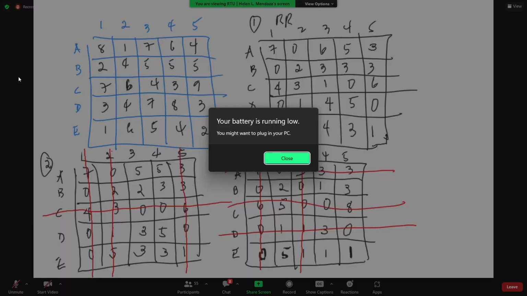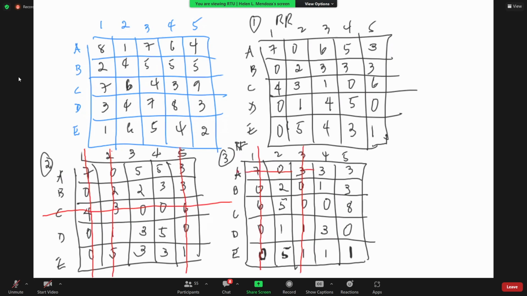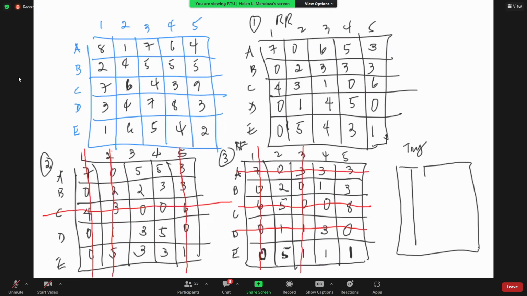So, let us try. Teka, papalitan ko lang itong kasi masyadong mahaba yung guhit. Iiksian ko lang yung guhit para hindi masyadong mahaba. Kaya 5. So we can now try. So, kopyahin mo lang. Gumawa ka ng table. 1, 2, 3, 4.